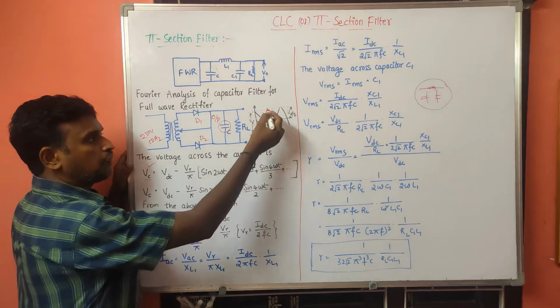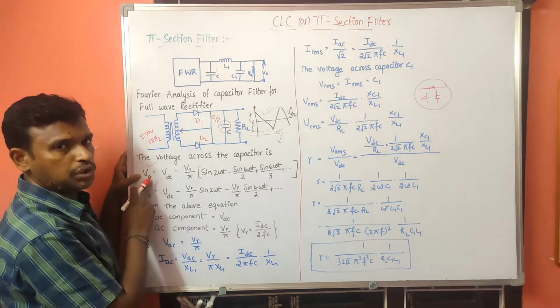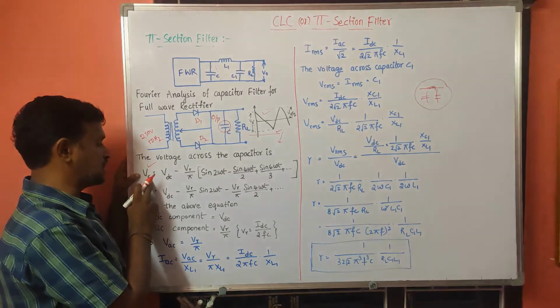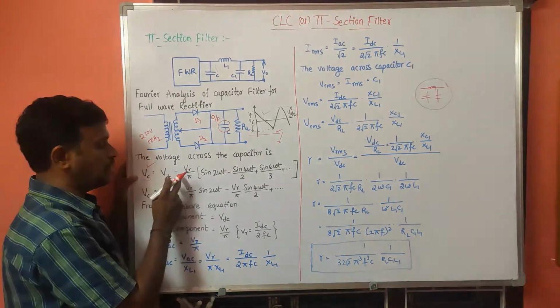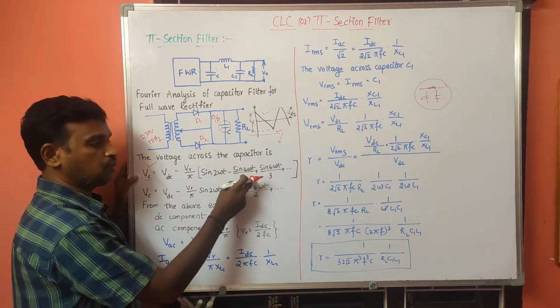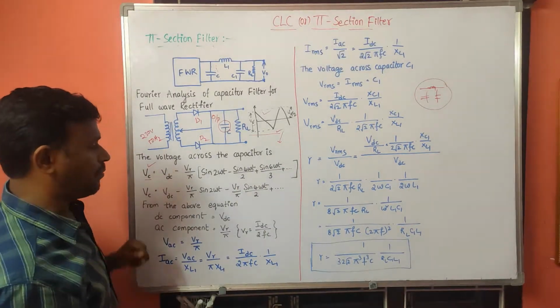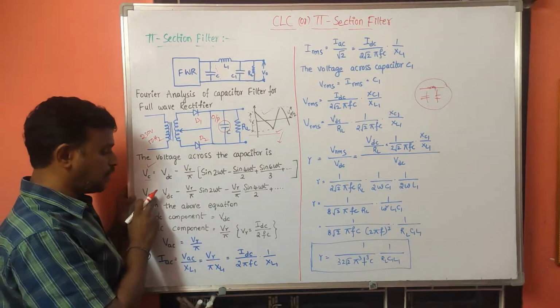Okay. So if you find the Fourier series for this, we will get the output voltage across the capacitor, Vc, equal to Vdc minus V gamma by pi times sin 2 omega t minus sin 4 omega t by 2 plus sin 6 omega t by 3. So here I am neglecting the higher order terms.